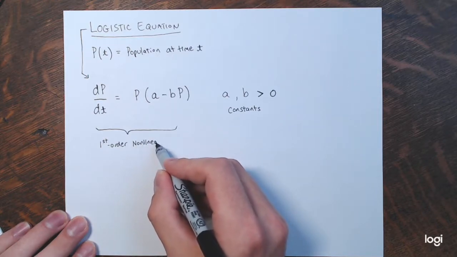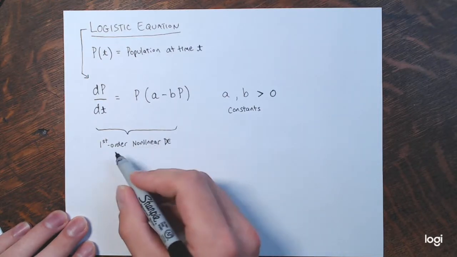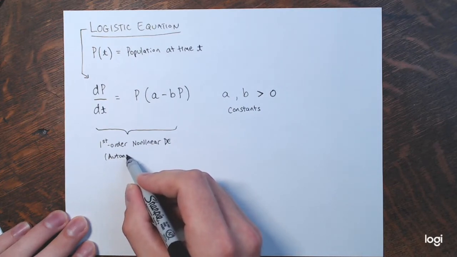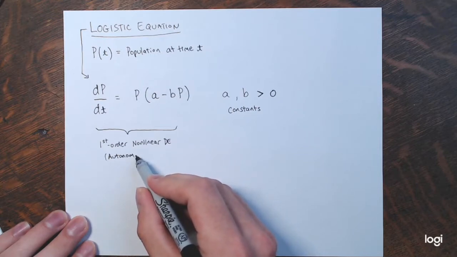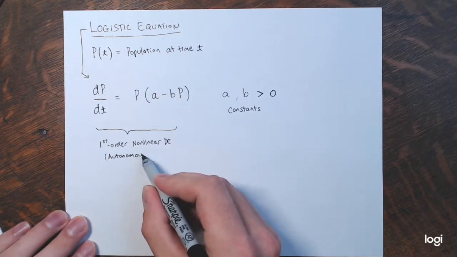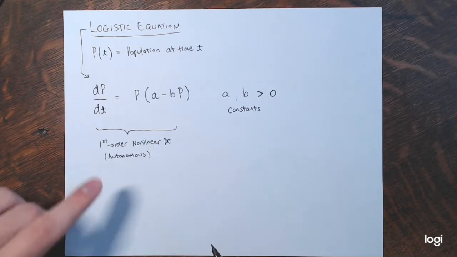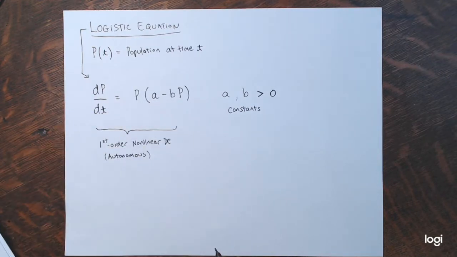It's a first order nonlinear differential equation, but also one of those autonomous first order equations, where you have your first derivative written as a function solely dependent upon the dependent variable, in this case P.